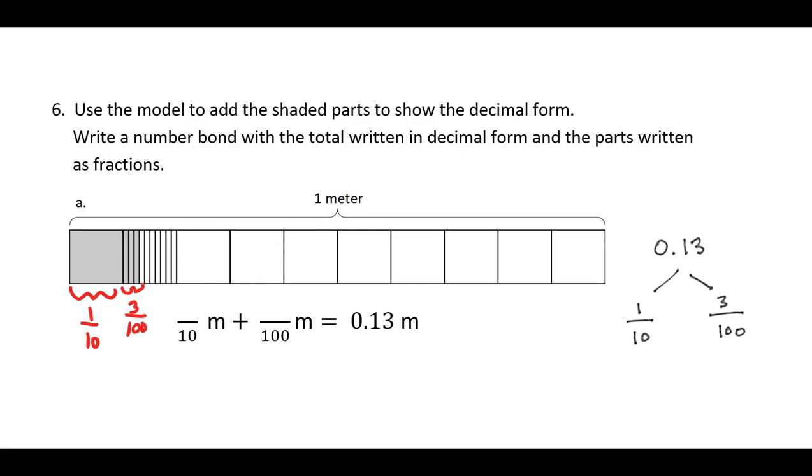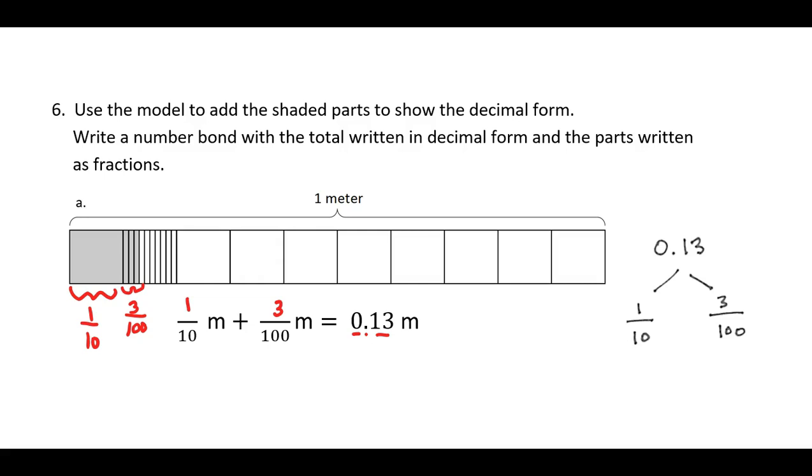So we'll write that in fraction form here. We have 1/10 meter plus 3/100ths of a meter in decimal form equals 0 and 1/10 and 3/100ths, or another way we can say that is 13/100ths of a meter.